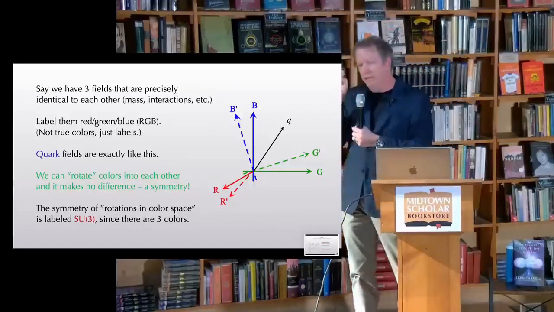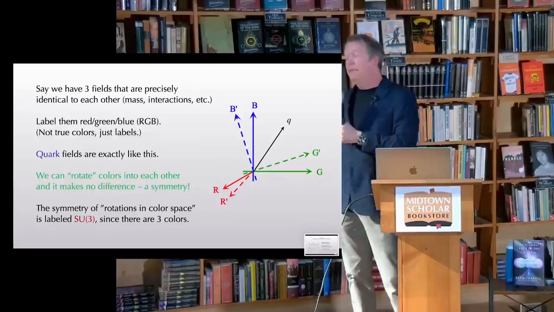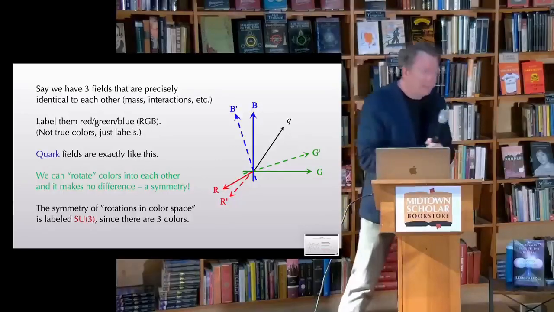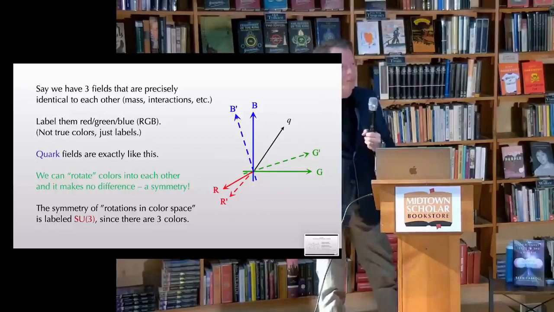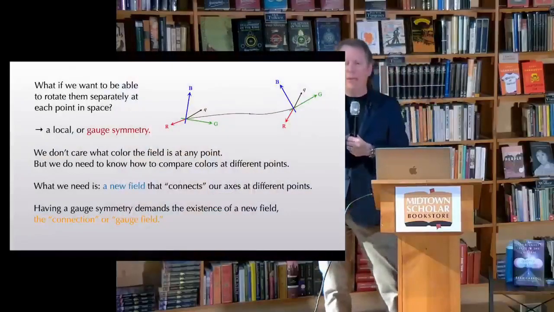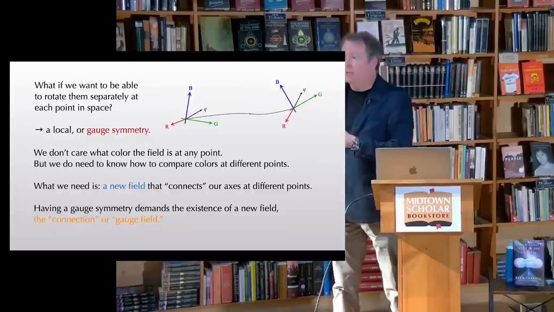They can get a handle on what these 3 different fields are doing. But physicists are also never satisfied. They're like, okay, that's pretty good. That's a lot of symmetry. You can rotate all these 3 fields into each other however I want. But I'm more ambitious than that. I want to rotate what I mean by red, green, and blue independently at every point in space-time.